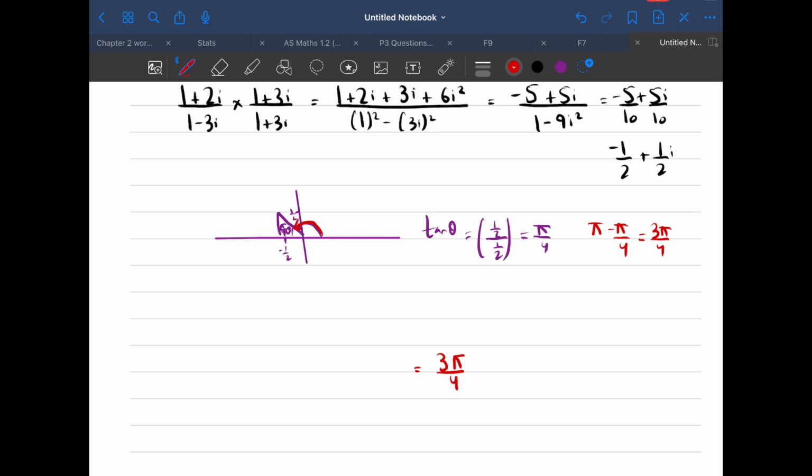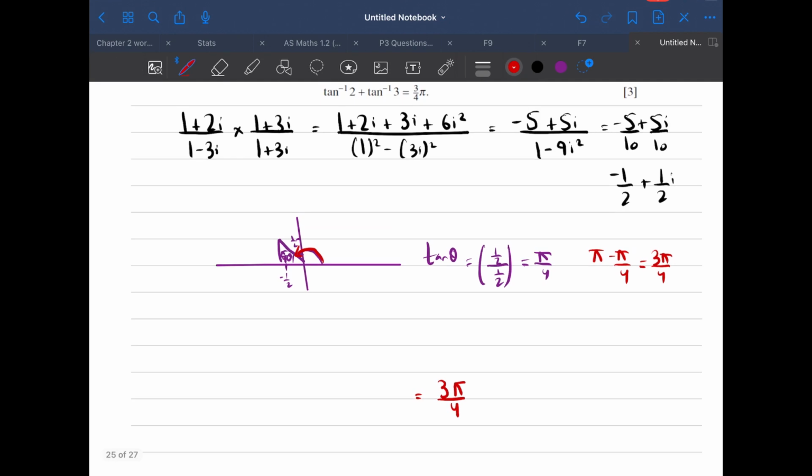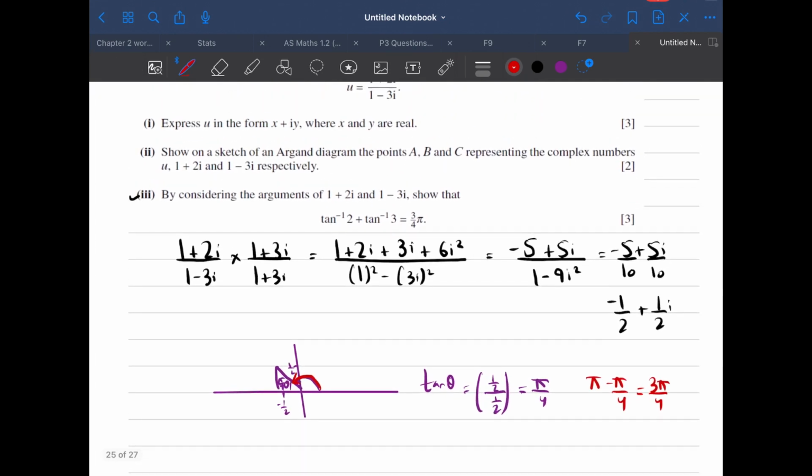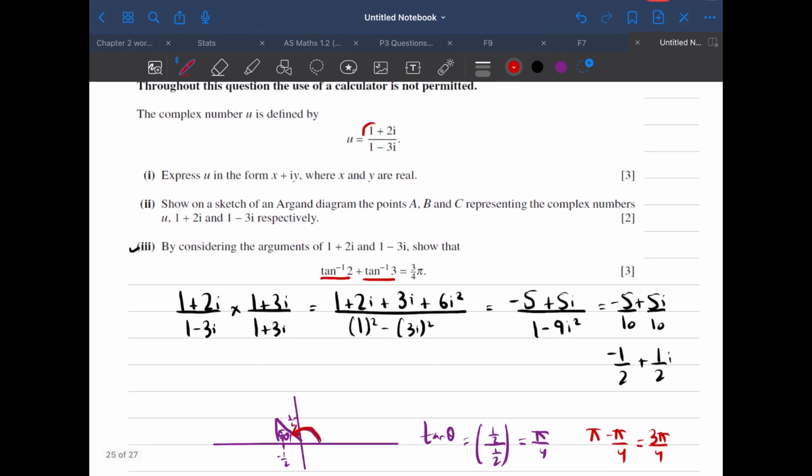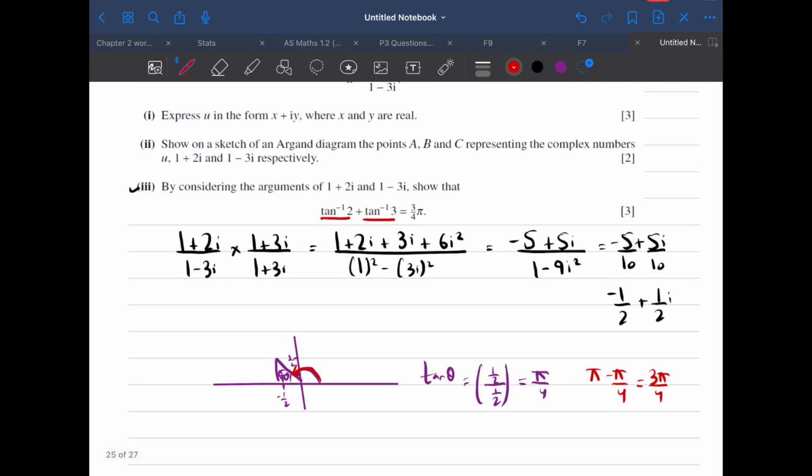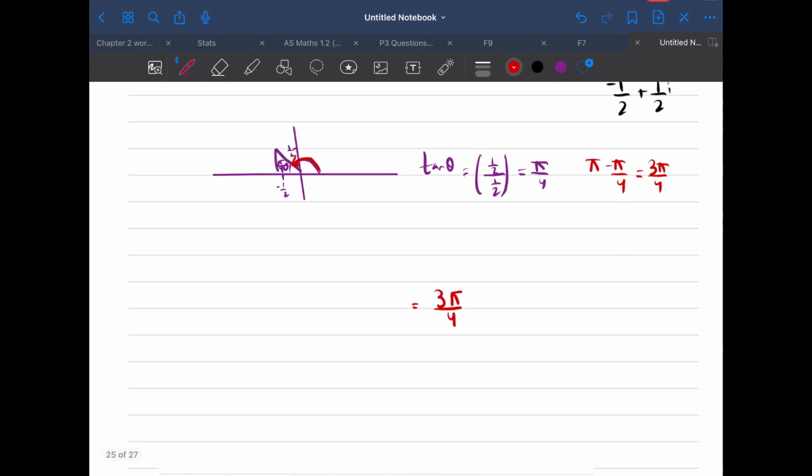That's it. Once you are done writing this on a side, now what's the division rule of argument? First argument minus the second one. So what was the first complex number? 1 plus 2 iota. So it's going to lie where? Let's draw it here. So 1 and plus 2. So 1 and 2 will lie here.